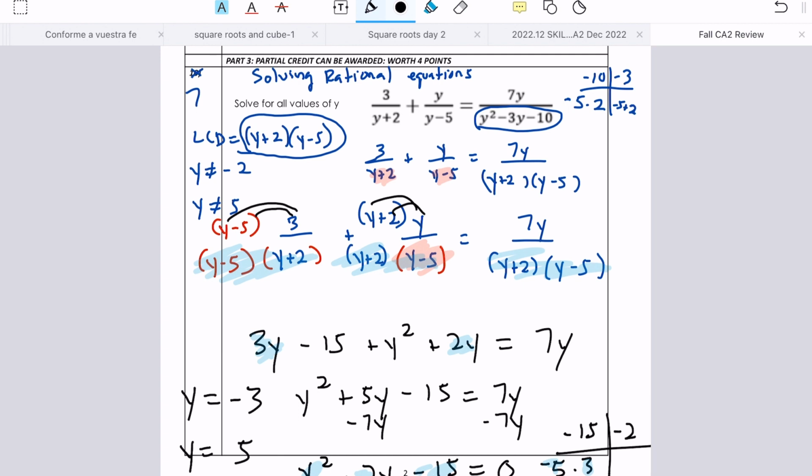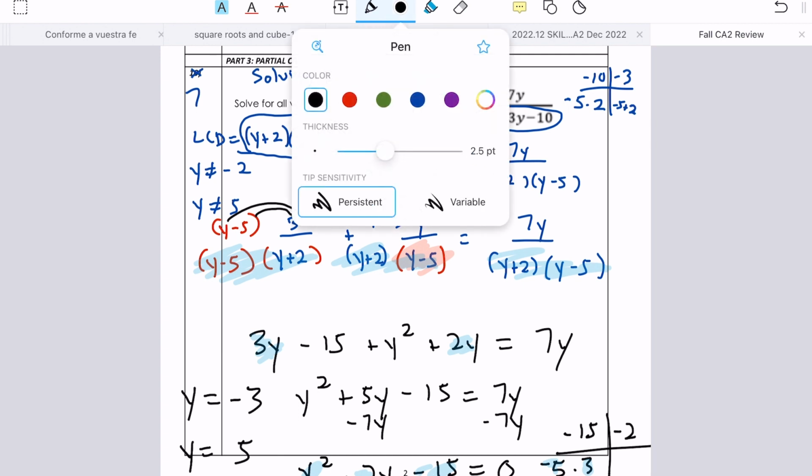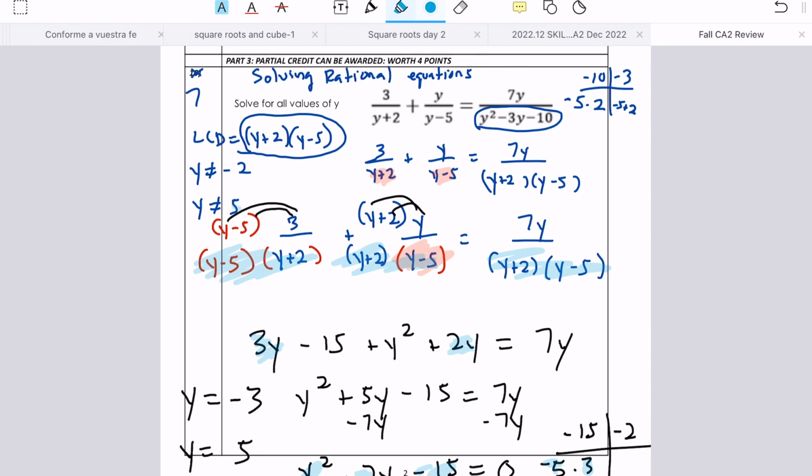Y cannot equal 5, based on what we said here, because if y equals 5, it will make this 0. So that's undefined. So we have to take that off, and our solution is y equals negative 3.